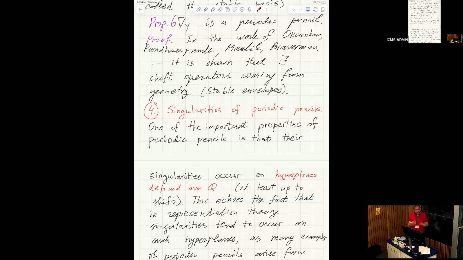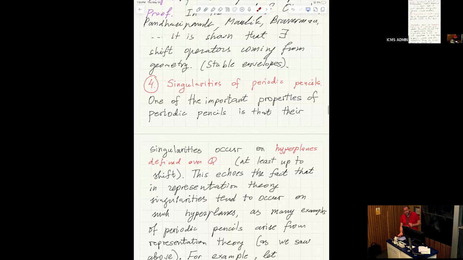And this echoes the fact that in representation theory, usually we are used to that our representations depend on some parameters. And then singularities, which is things like reducible representations and so on, occur on hyperplanes with rational coefficients. So one of the ways to explain it is that representation theory, to most settings in representation theory, corresponds some sort of periodic pencil.